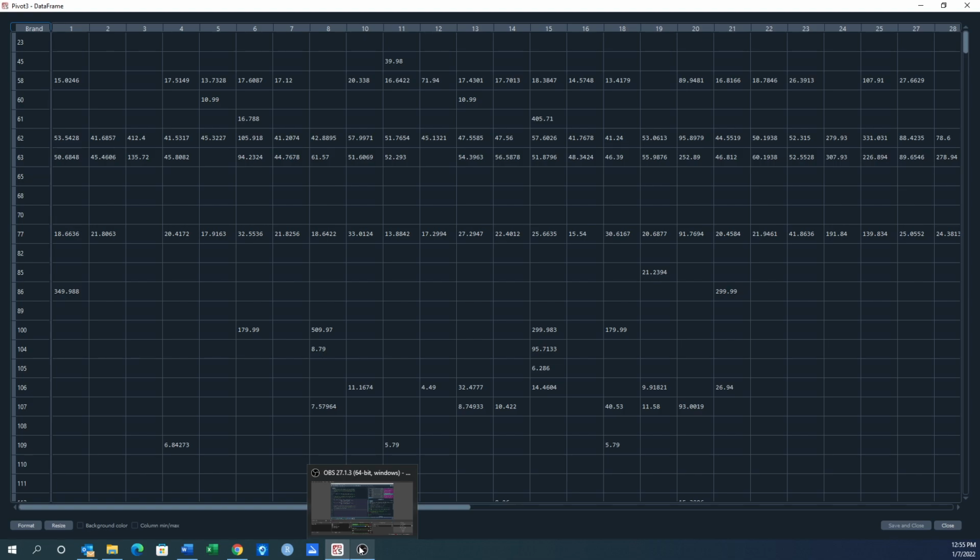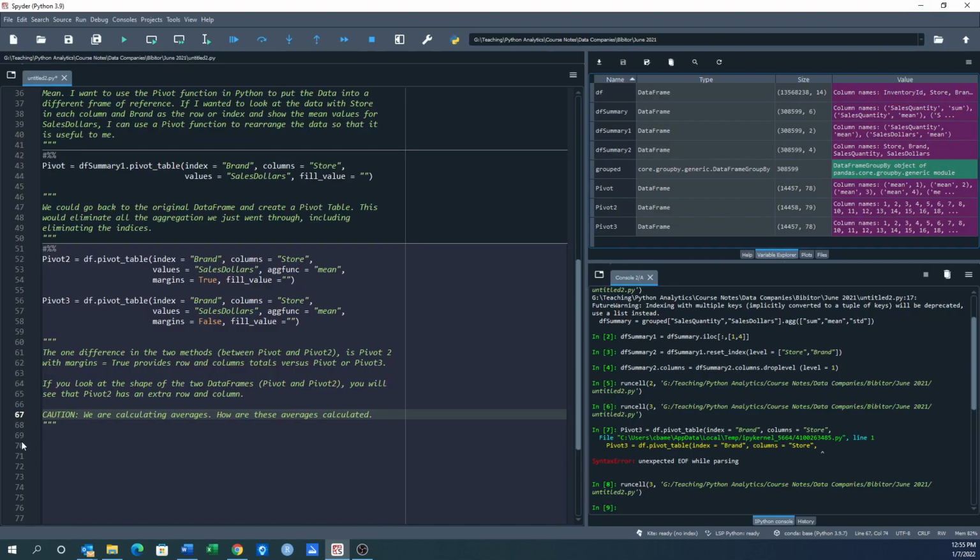If we could determine the number of days that brand 58 was actually sold, then we might have a better way of calculating average daily sales. So the caution here is: how are these averages calculated?